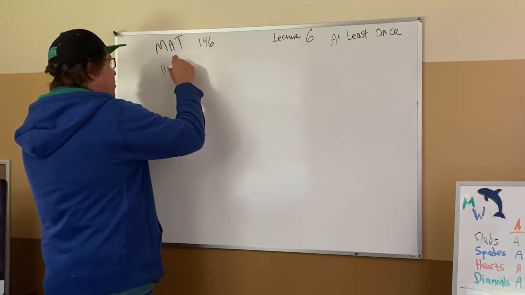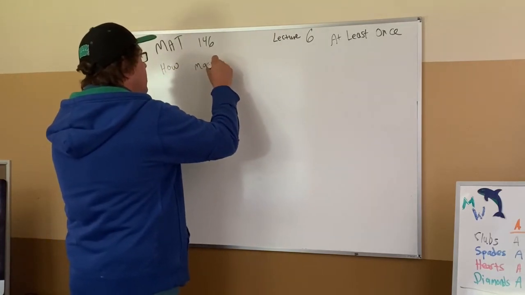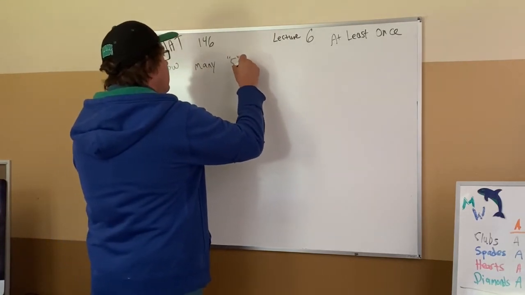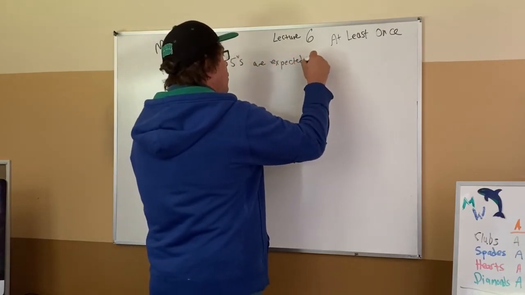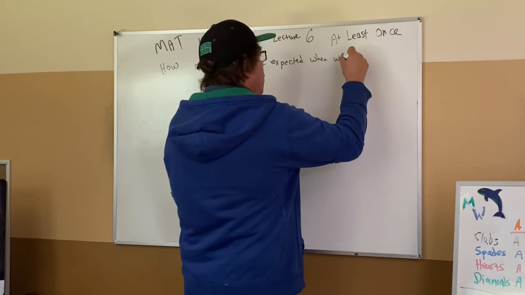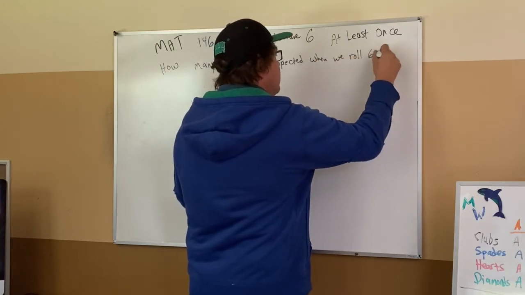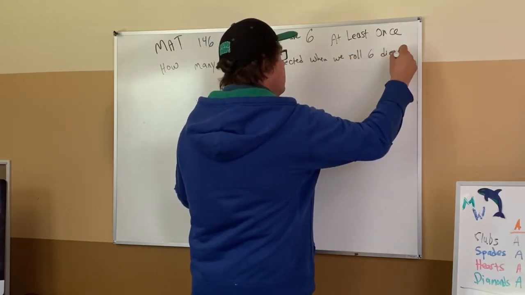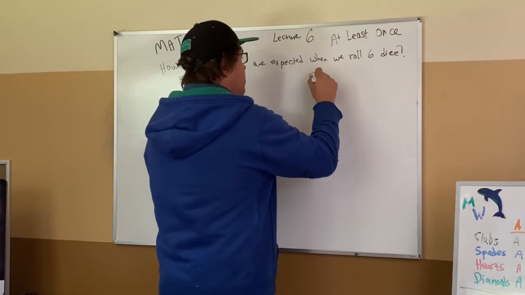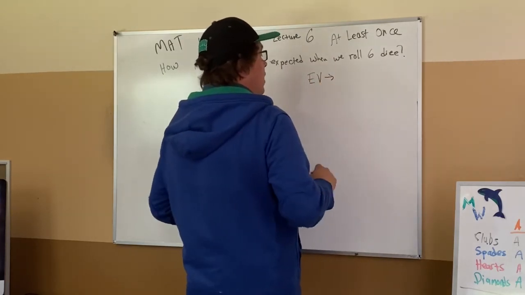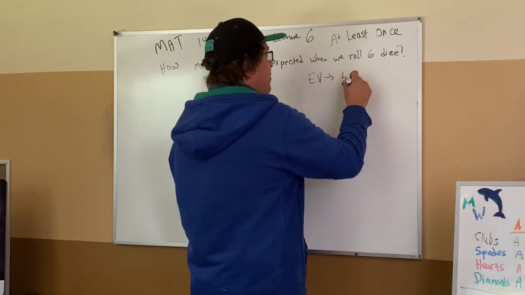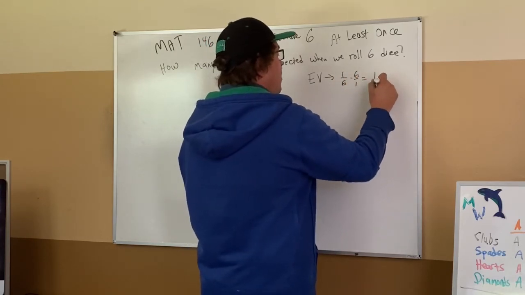So I'll write that up here for us first. How many 5s are expected when we roll 6 dice? The answer is the expected value: 1 out of 6 will be a 5, times 6, and we expect to get 1.